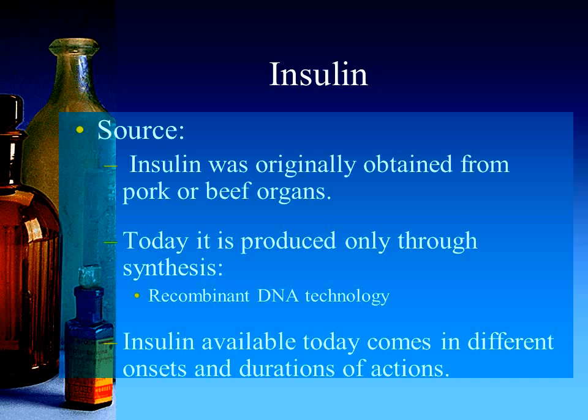It comes in many different forms, with many different onsets and durations of action. So there's a variety of insulins out there, and they vary on when they will start acting in the body and how long they will act in the body.